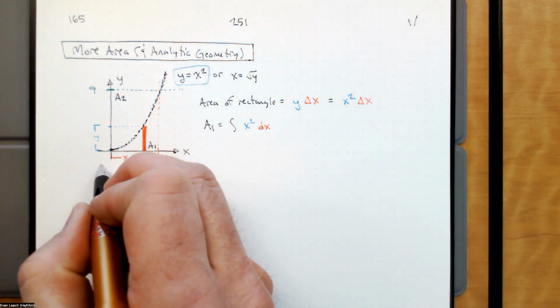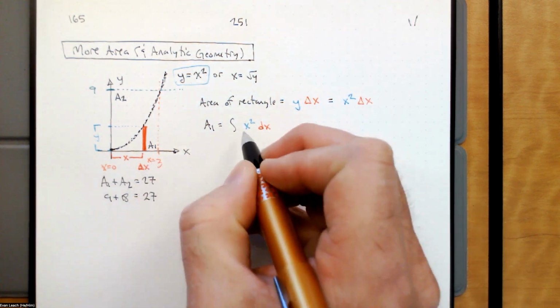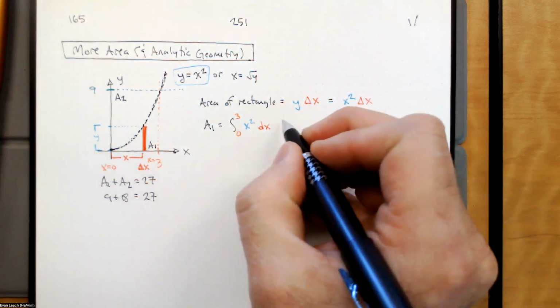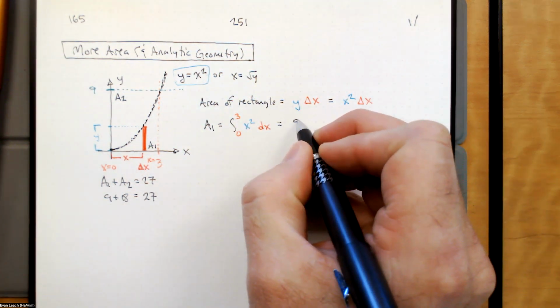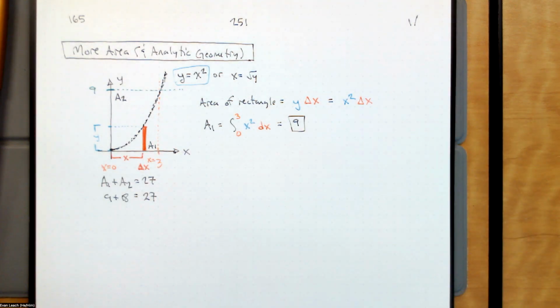And the x's go from 0 to 3. And then we get the 9. This would be the standard way. This is like one of the early examples of finding area under a curve.